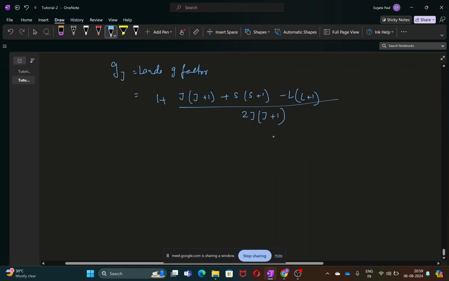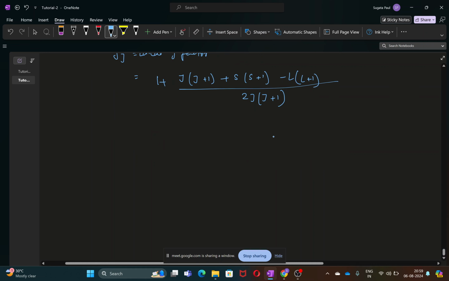To know the J, L and S values, you have to consider the Nd3 plus electronic configuration. Your Nd was given as xenon, then 4f4, then 6s2. Nd3 plus means 3 electrons have to be removed. So this 6s2 will be gone and 1 electron from the 4f, so this will be 4f3.